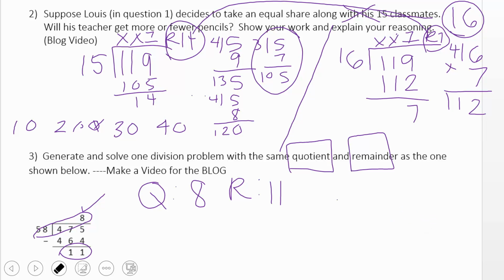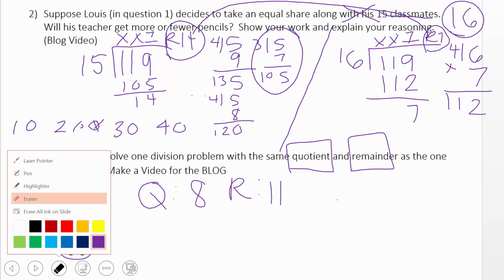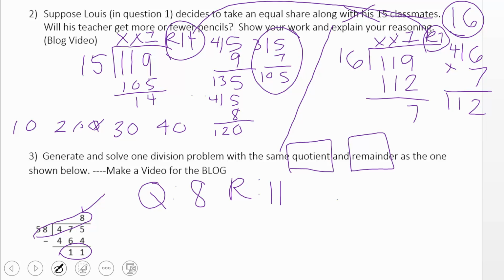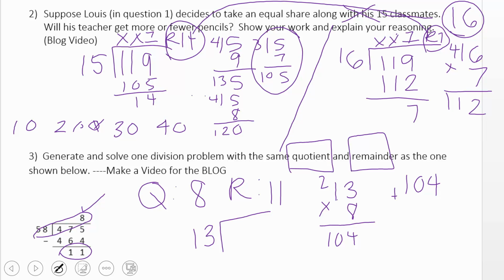I'll make the divisor 13. So 13 times 8. That gives me 8 times 3 is 24. 8 times 1 is 8, so plus 2 is 10. So remember, this isn't my whole. I've just created my divisor as 13, all right? But now to find my whole, I need to add my remainder, so it becomes 104 plus 11. That's 115. So my whole is 115.